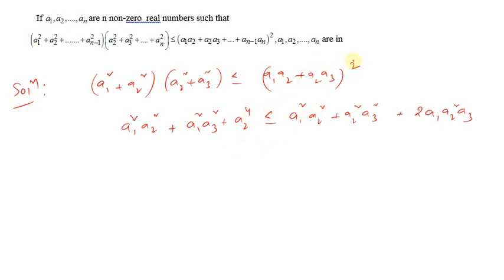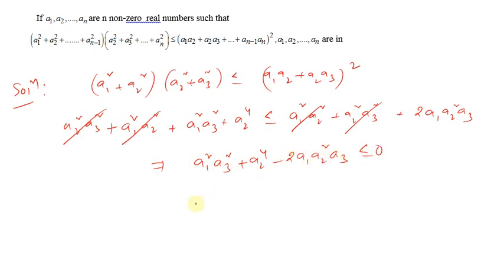So here a1 square a2 square gets cancelled, and one more term is missing, so let me write this also: a2 square a3 square also gets cancelled. This implies a1 square a3 square plus a2 power 4 minus 2 a1 a2 square a3 is less than or equal to 0.